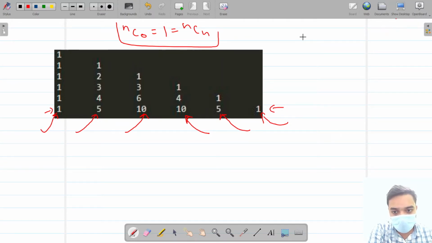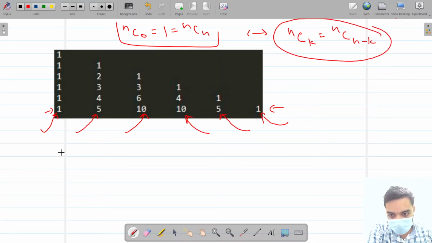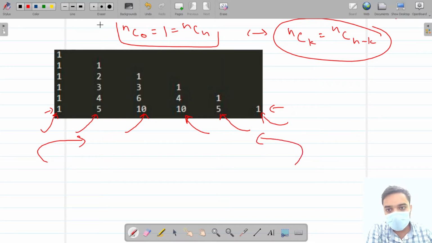One more thing I want to say: there was one more property, that nCk is always equal to nC(n-k). What this means is the kth element from the first is always equal to the kth element from the last. You can see this: nC2 equals 5, and from here you can see that it is equal to 5.